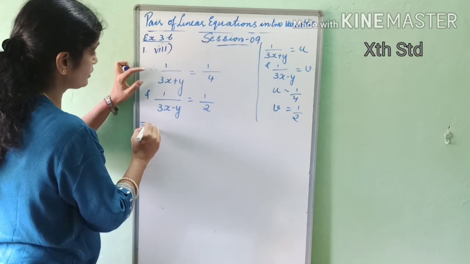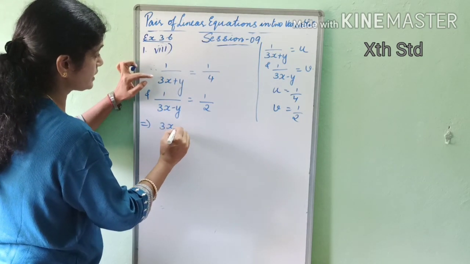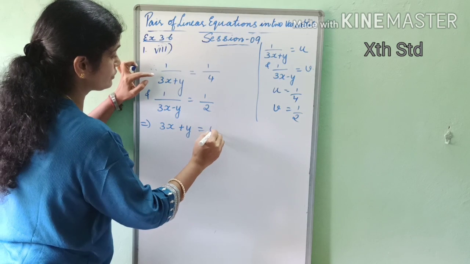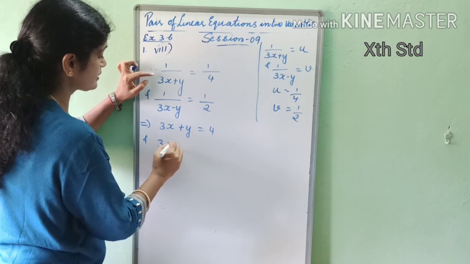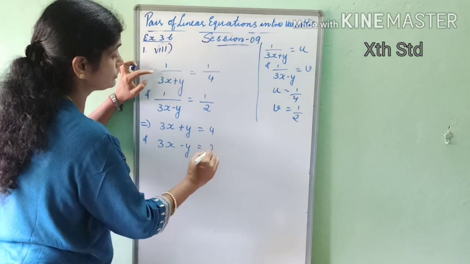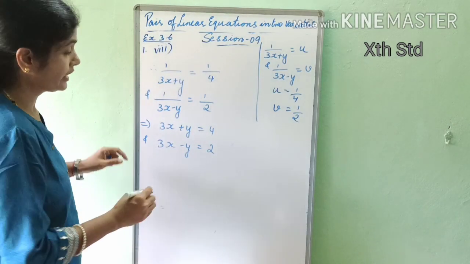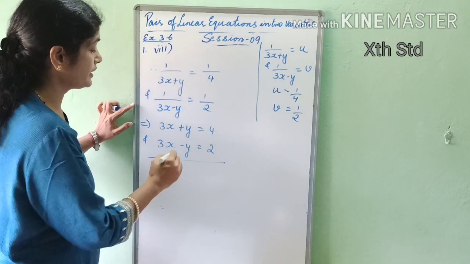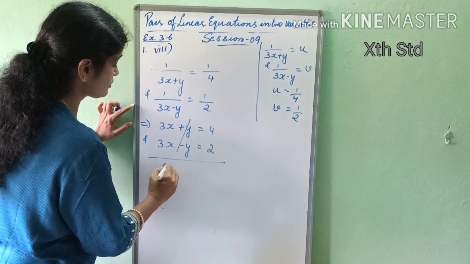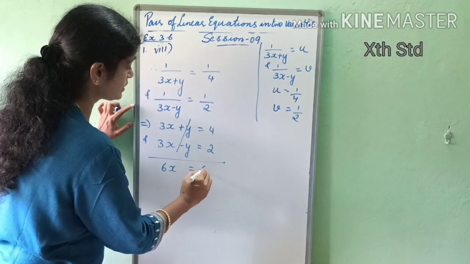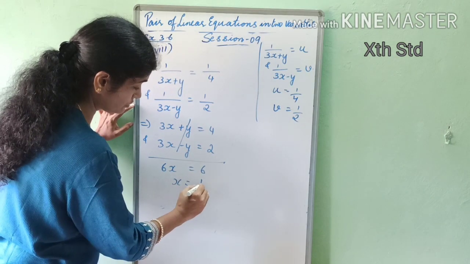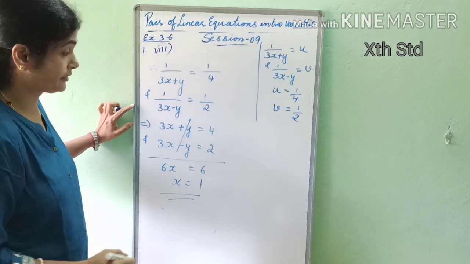So if you just look at this equation, it shows that 3x plus y equal to 4 and 3x minus y is equal to 2. So again you have to solve for x and y. So just simply adding the equations, 6x is equal to 6. So x is equal to 1.